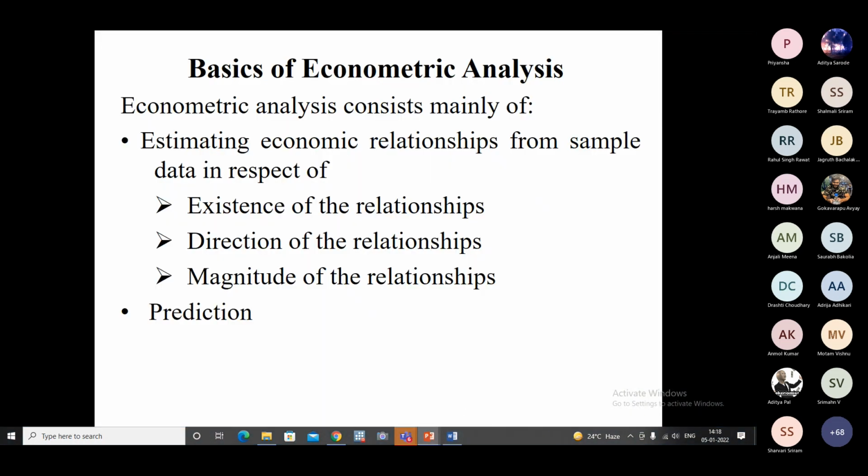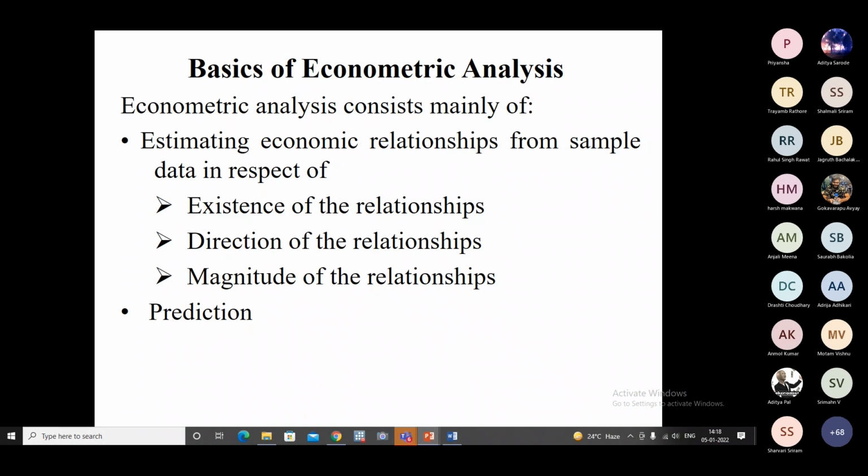The dependent variable is log of y, means log of demand. Basically, it is a representation of quantity demanded, to be very precise. And the independent variable is log of price.